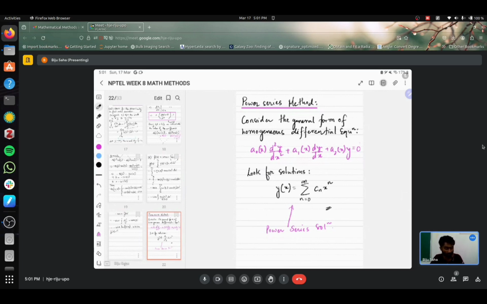That is, we look for solutions of the format yx is equal to the sum of Cn x to the power n, with n running from 0 to infinity.